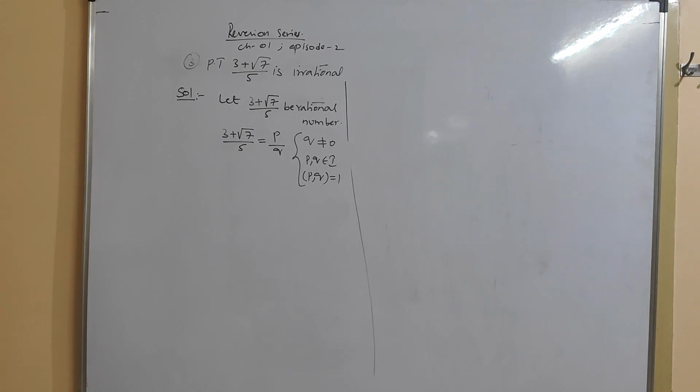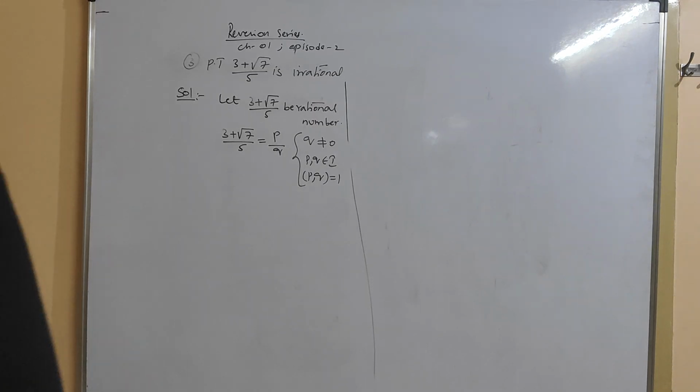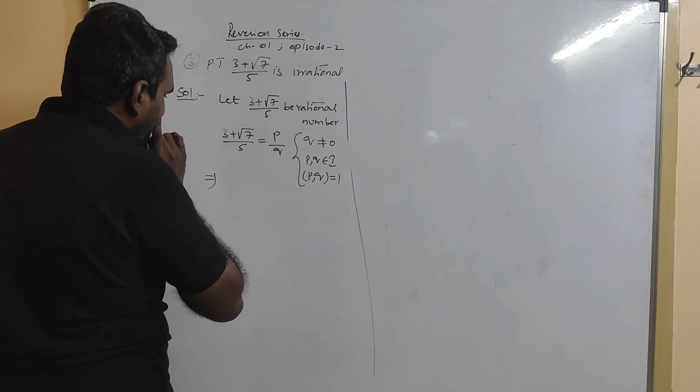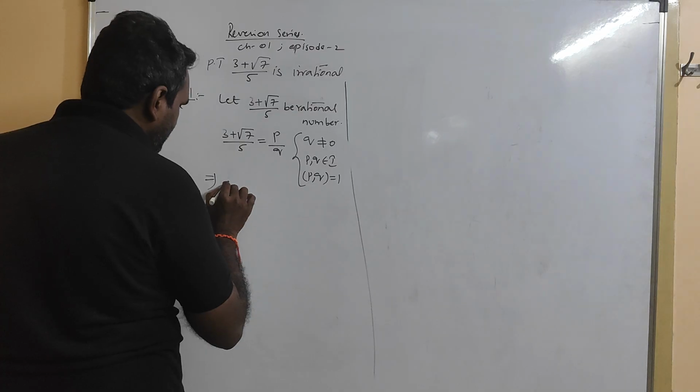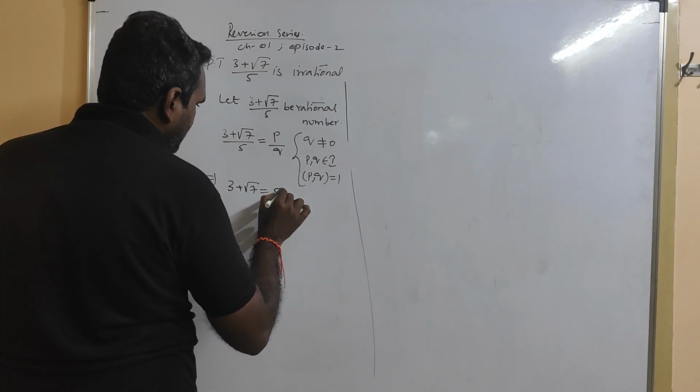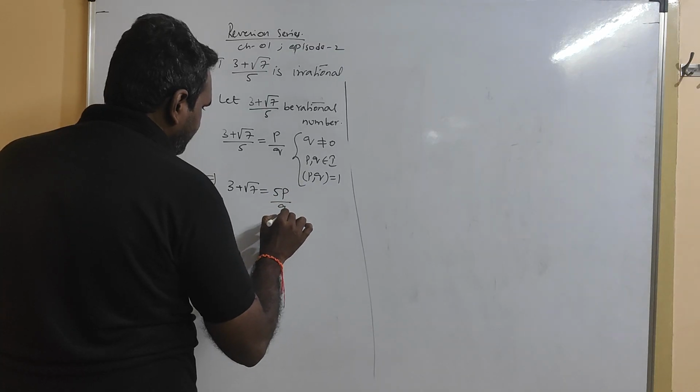Simple questions only, but for your idea, if this kind of question is given, I will tell you how to do it. This implies keep root 7 on one side and the remaining on the other side. 3 plus root 7 is equal to 5p by q.